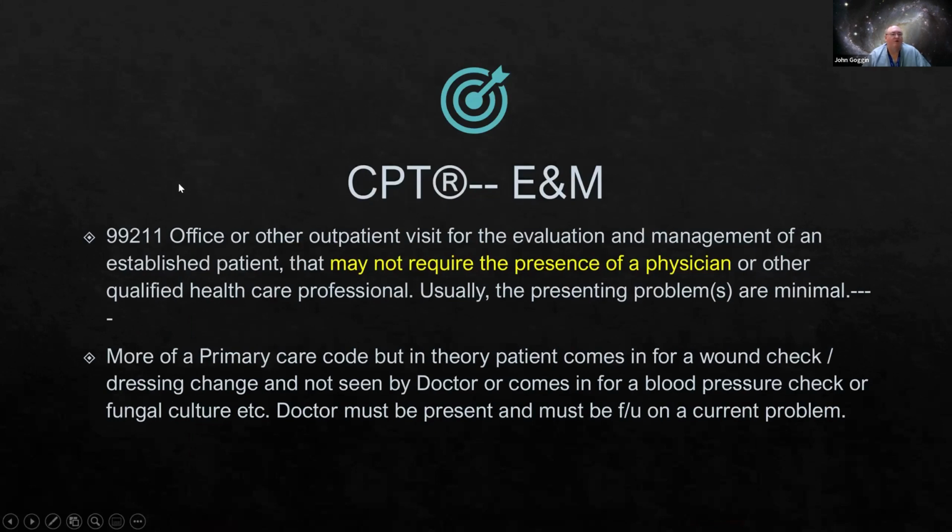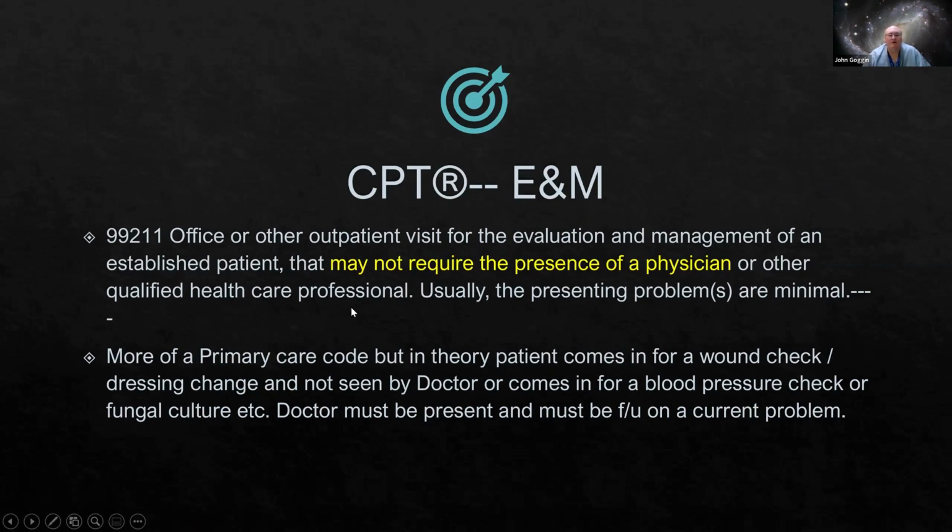So these are the parallel codes for the evaluation and management in the office setting for patients that are established. 99211 is unique in that there is no 99201. So this is what we call a level 1 code, or a very basic code.